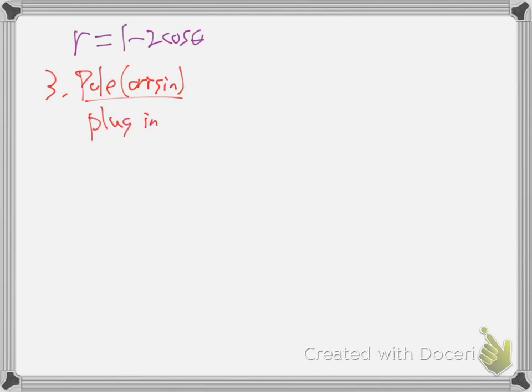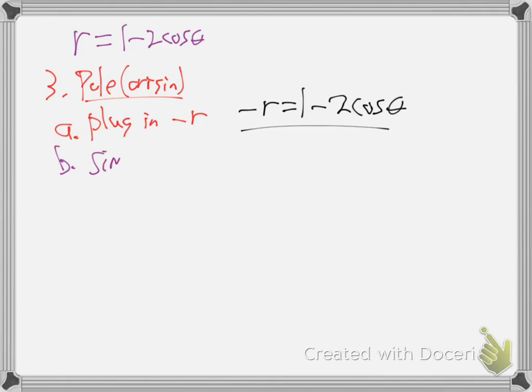Plug in negative r. What do you get when you plug in negative r? Well, you get a negative r. I mean, it's just kind of silly. Then B, you try to simplify, but there's nothing to do. You can't simplify. The only thing we can simplify is negatives put in for theta. Just leave it as it is. No way to clean it up.